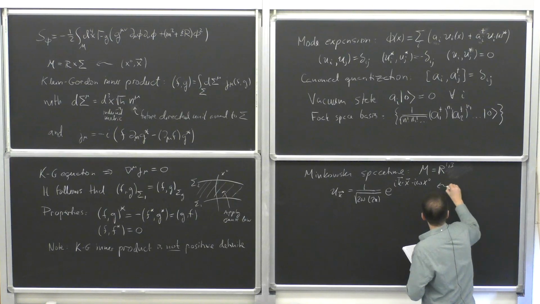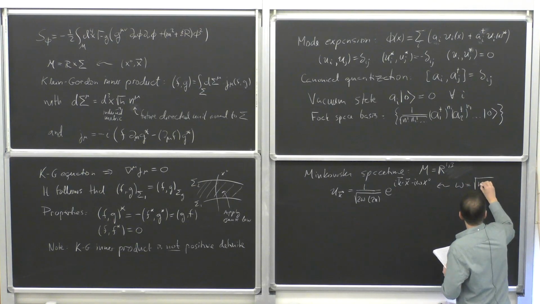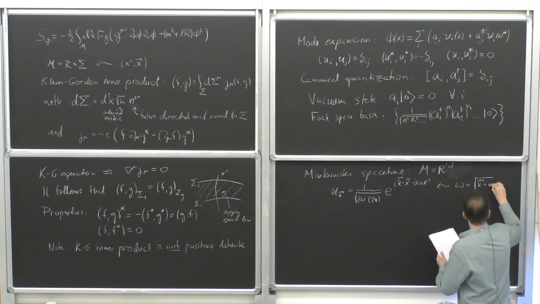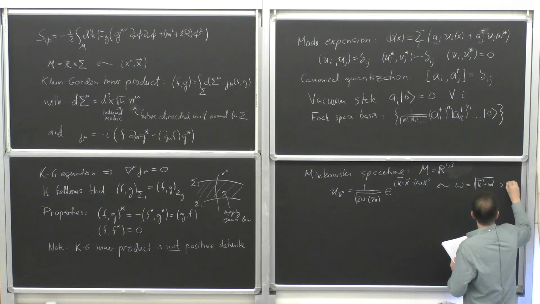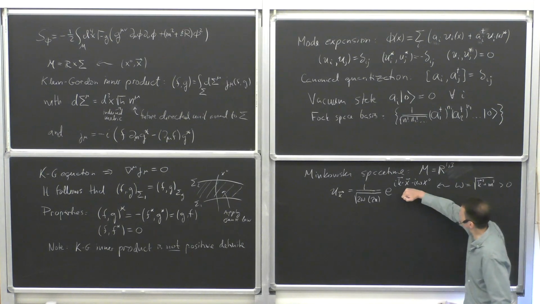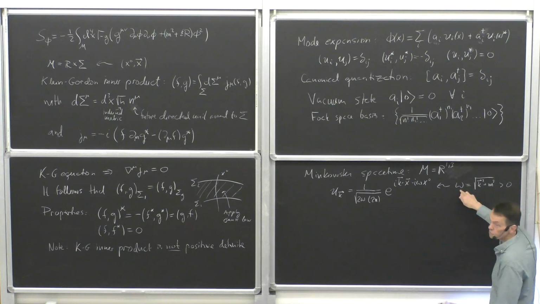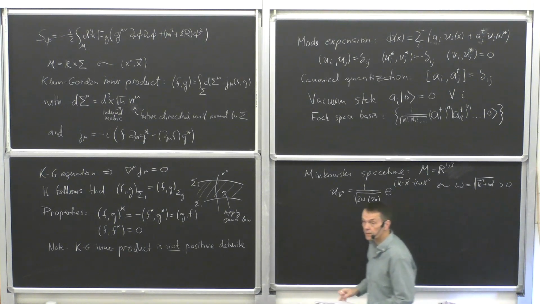And the omega dispersion relation is simply this. I'm going to pick the positive root here. So this is my positive frequency mode, and then its complex conjugate is the one you get for the corresponding negative omega. Okay?